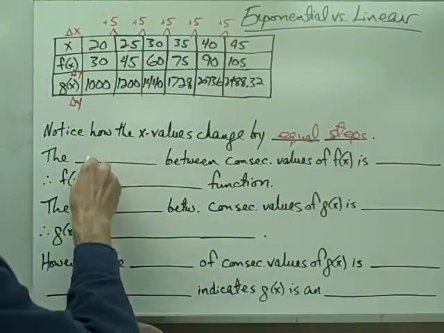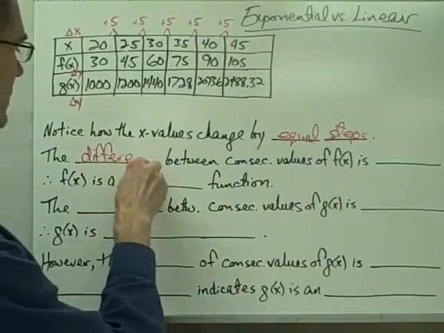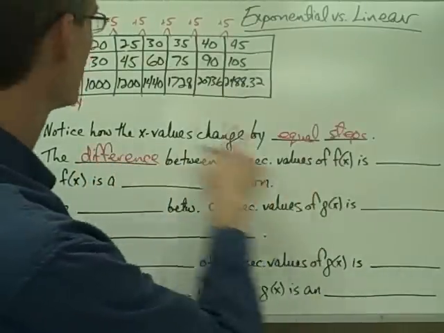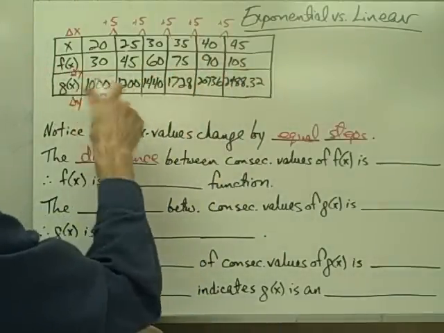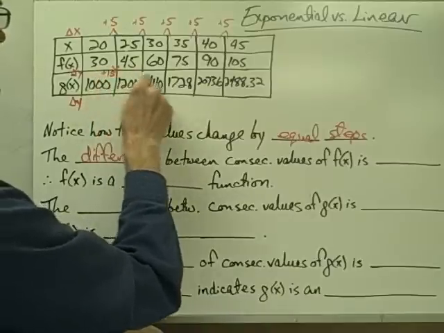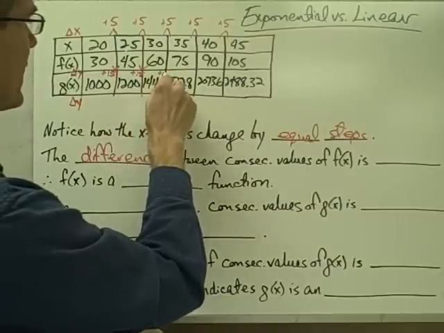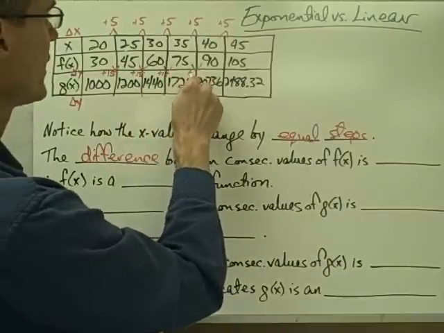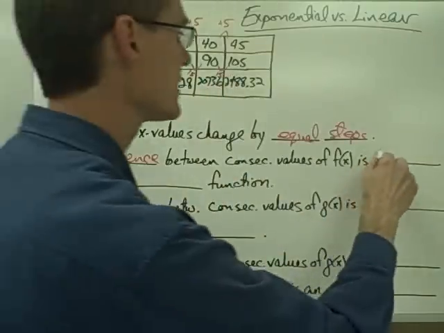So the difference between consecutive values of f of x, notice if I calculate these differences here, my delta y values, the difference between these two is plus 15, plus 15, the difference between 1675 plus 15. The difference between each one of these consecutive y values is constant.